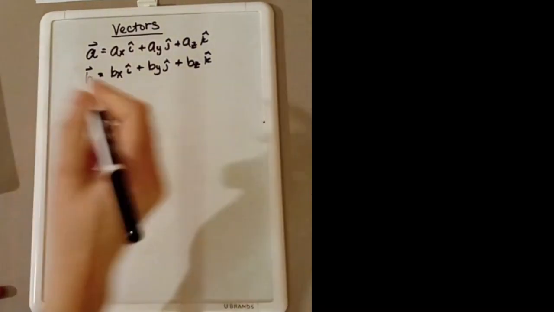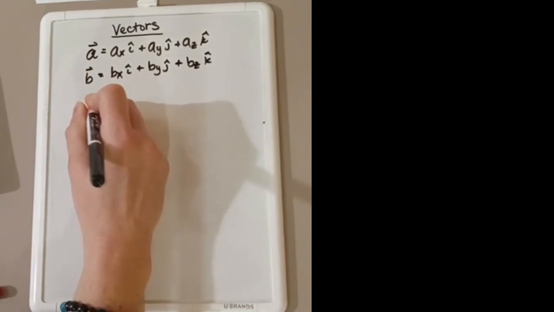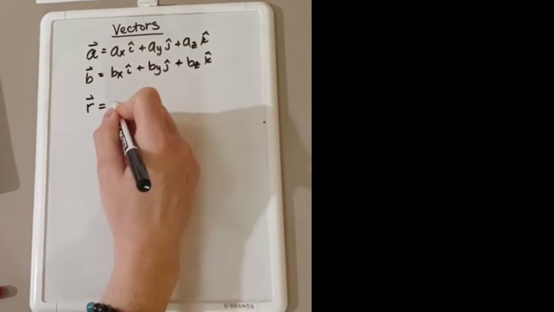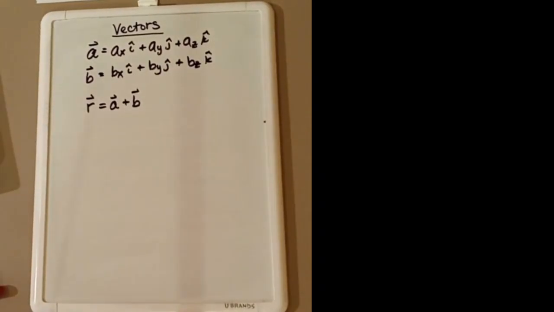And then when we add them, we can just do normal algebraic addition. We're going to call it R, our resultant vector. So vector R is going to be A vector plus B vector. All we need to do here is really just add up the components.